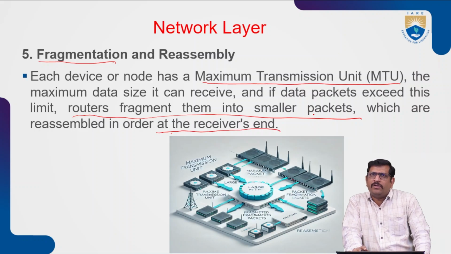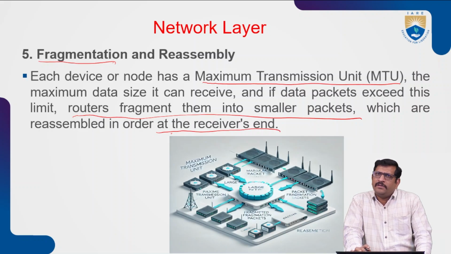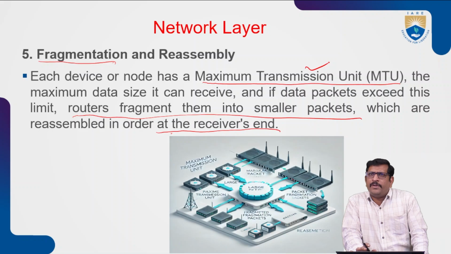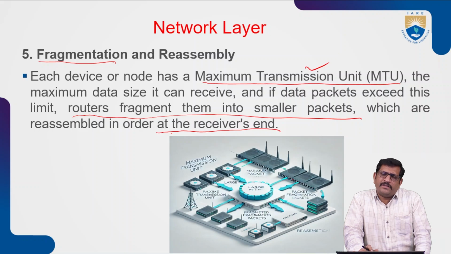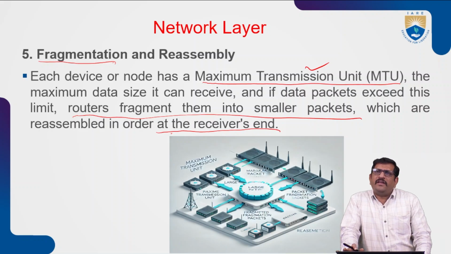The data transmission depends upon the size of the MTU. Based on the availability of the MTU, the packets can be divided, and after dividing them based on the size, the data can be transmitted. At the receiver side, it is again reassembled into the original size of the data.